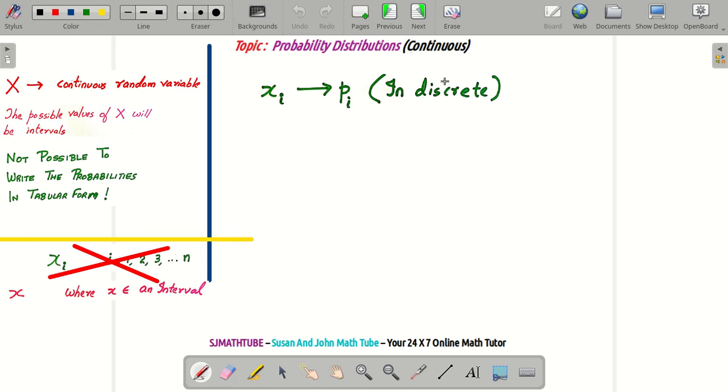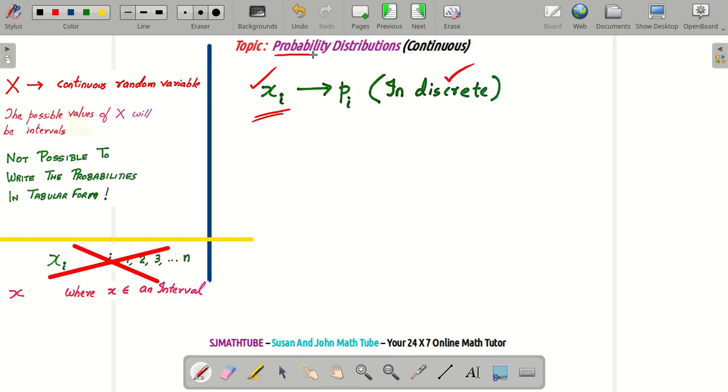Now, again, I want you to remember the discrete case. In the discrete case, our input values will be x1, x2, x3, or in general xi, and the output is of course probability values. That's what I told you earlier.